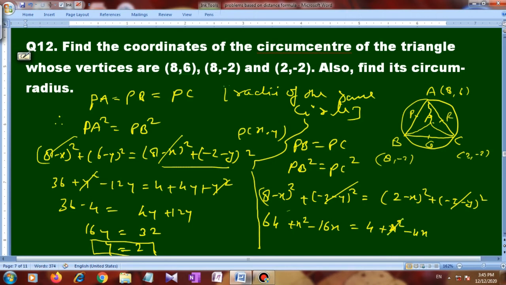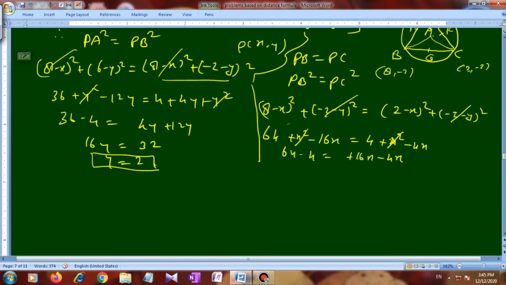So x square cancels, and when you transfer 16x to this side, then you will get 64 minus 4 equal to plus 16x and minus 4x. So this will become 60 equal to 12x. So x will be 5.